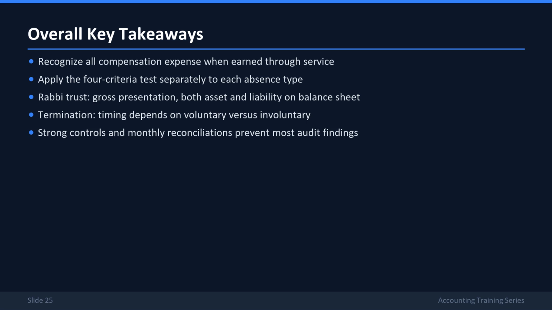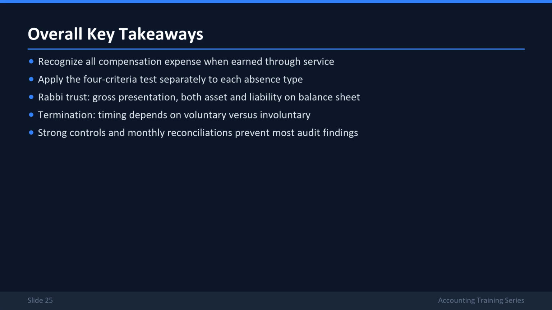Bringing together the overall key takeaways from all 7 sections of the ASC 710 training series. Recognize all compensation expense in the period it is earned through service, not when it is paid. Apply the 4 criteria test to each absence type separately because different policies lead to different conclusions.